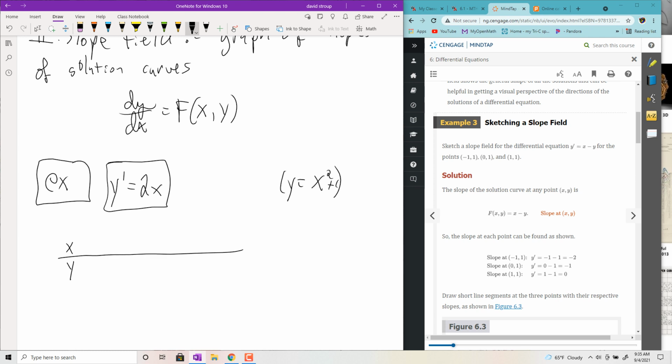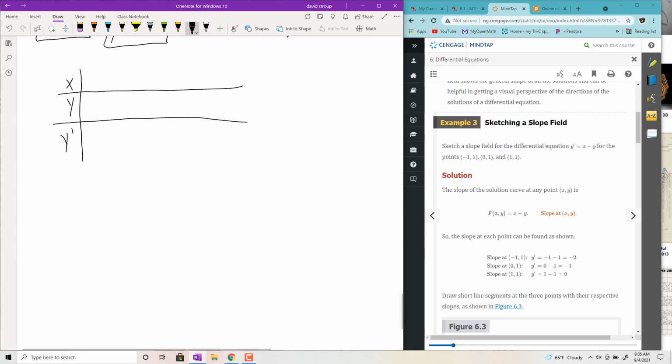Okay, so for a slope field, all we're doing is working with this equation, and we're going to do kind of a t-table, and we're going to just do a bunch of points around 0, 0. Okay, so here's 0, 0, and I'm going to do like 9 points. So this may be a little time consuming, but okay.